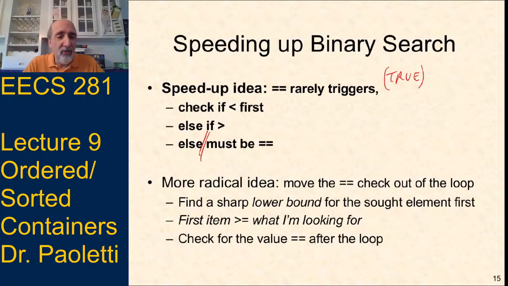Then we could check for equals after the loop. Even more radical is that I'm not even going to do the test for equality. I'm going to tell you here's where it is or should be if it was in here. This is the lower bound. If you want to do equality, that's your thing. I just find where it is or should be.